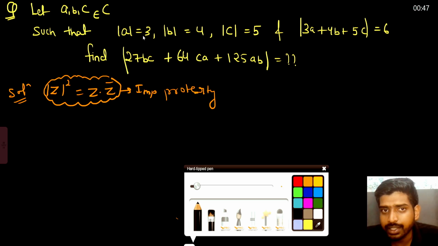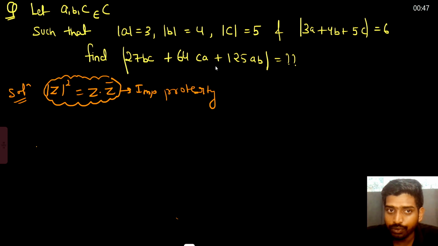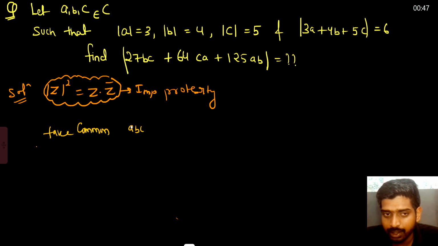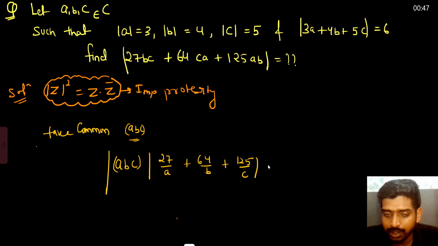They have given modulus of A is 3, modulus of B is 4, modulus of C is 5. Got it? So what we'll do here in this expression, which they are saying to find, I'll take ABC common. So what I'll get here? I'll get modulus of ABC, and inside this I'll get 27 by A plus 64 by B plus 125 by C. Got it?